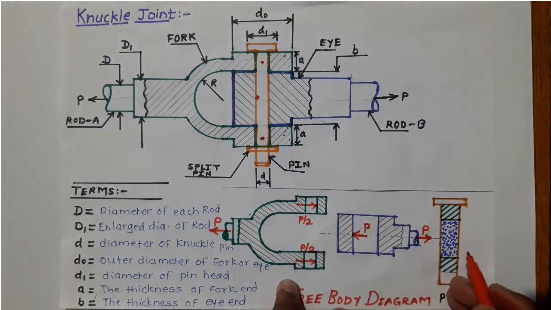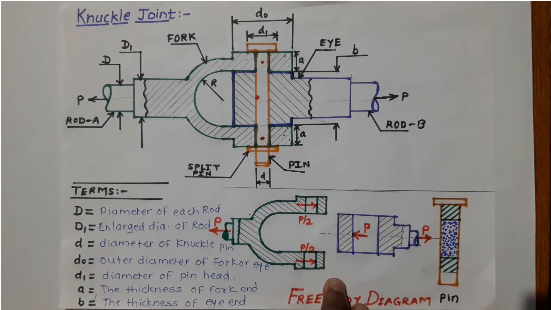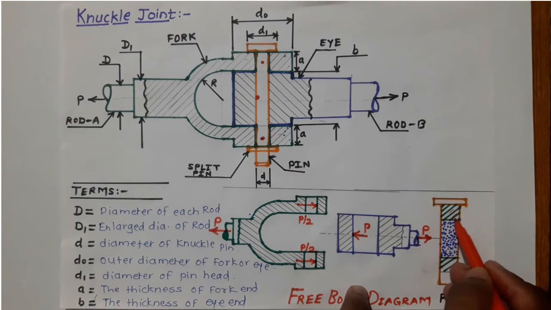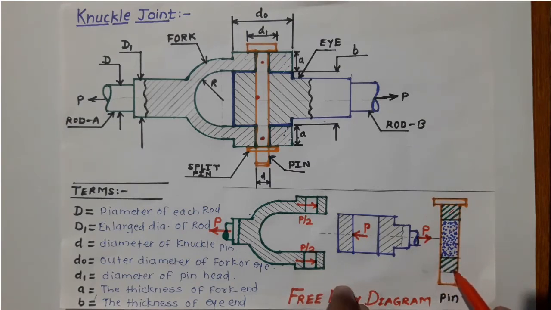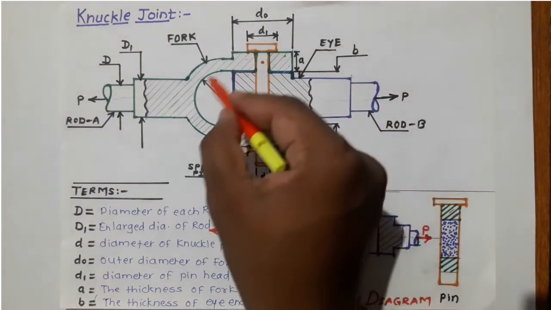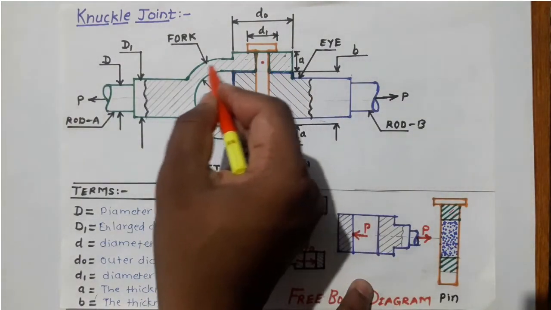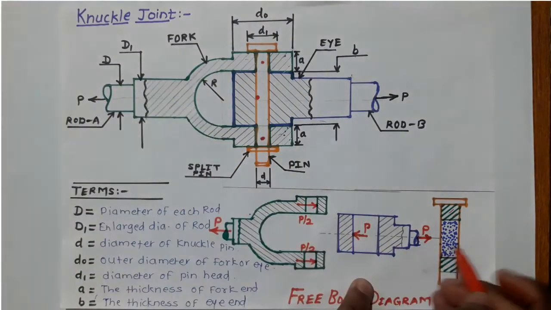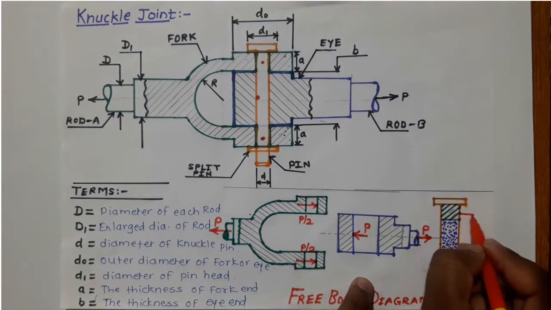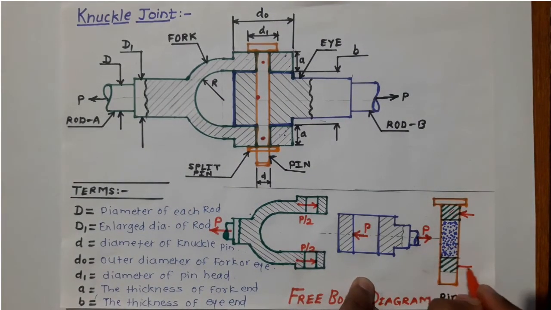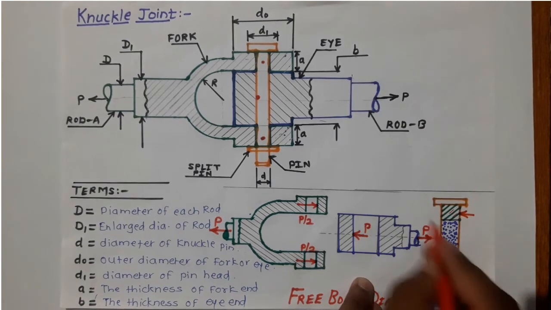So that can be shown here. For more understanding, I have shown different colors here. So this top portion and this bottom portion are hashed in green color. This top portion and bottom portion of the pin are present in the fork ends. So as the fork is pulled towards the left side, we can show here two forces acting on the pin towards the left side.